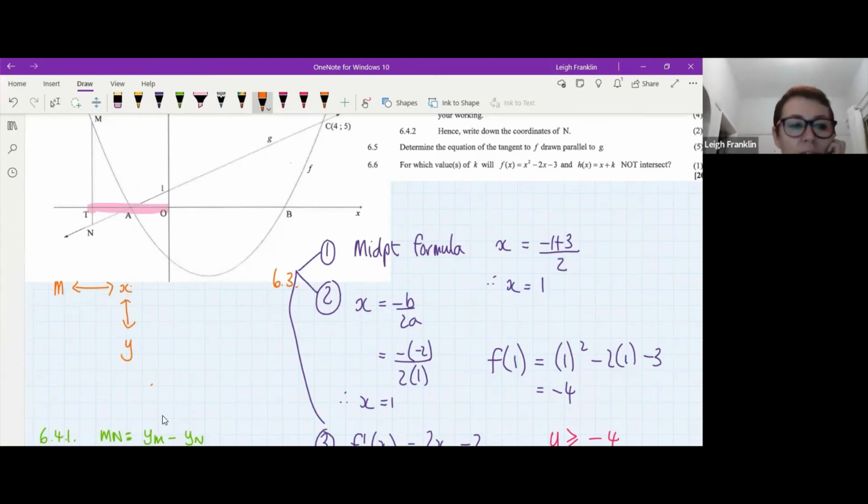If they've given us the gradient, we know that the gradient is 1. The next thing that we need is the x coordinate at the point of tangency so that we can get the y coordinate at the point of tangency, so that we've got our y and our m and our x that we can sub in, and then we can work out our c, and then we've got the equation of our tangent.